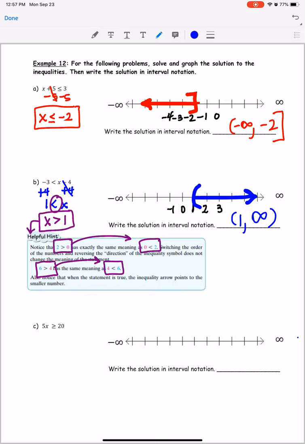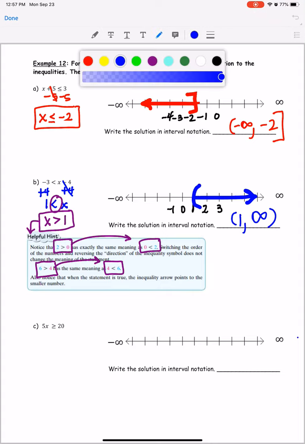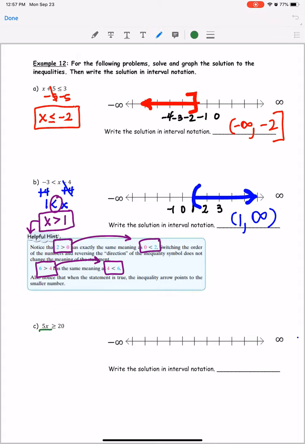On C, solve: 5x is greater than or equal to 20. So the opposite of multiplying by 5 is to divide by 5. So I get x is greater than or equal to 4.